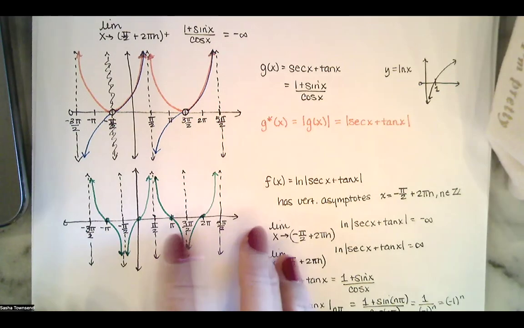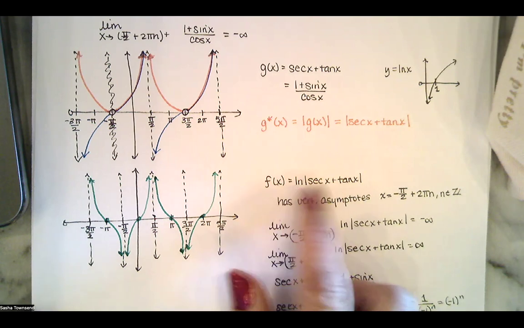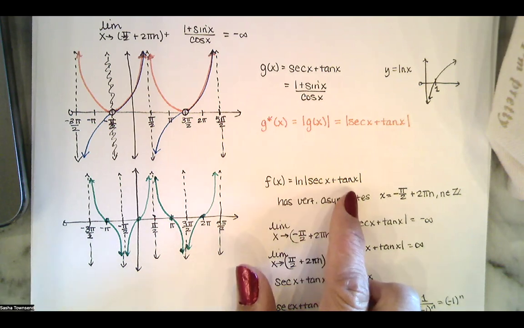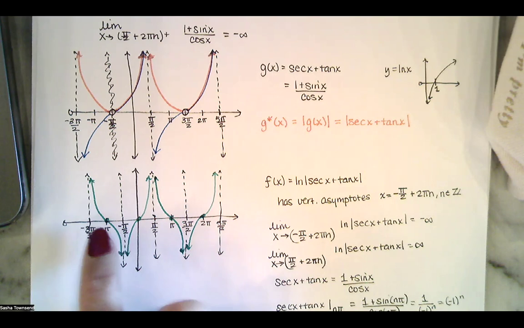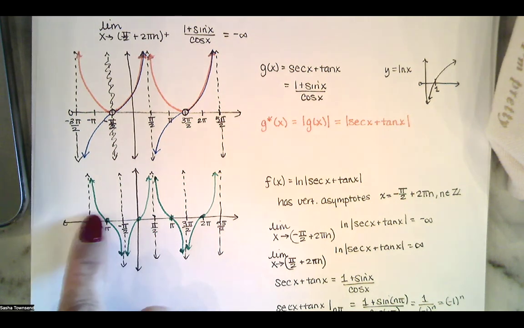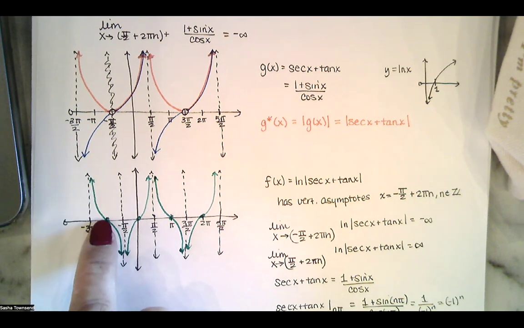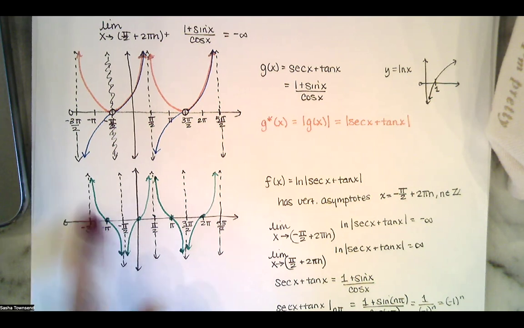So this is our hand-drawn sketch of natural log of the absolute value of secant of x plus tangent of x. We saw on Desmos that the function seems to approach these asymptotes faster than the way I have it drawn here. There's just a smaller range of y values before it's almost on top of the asymptote, as we go from this zero of the function to that asymptote.